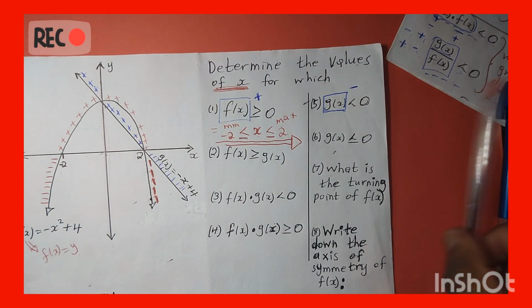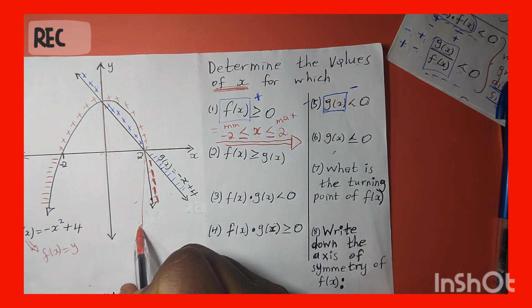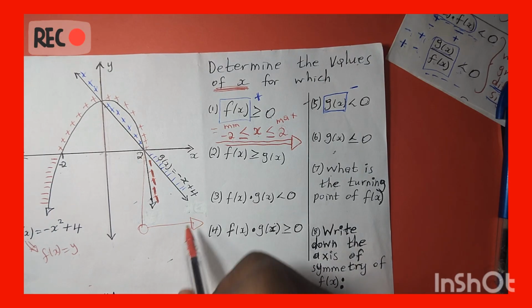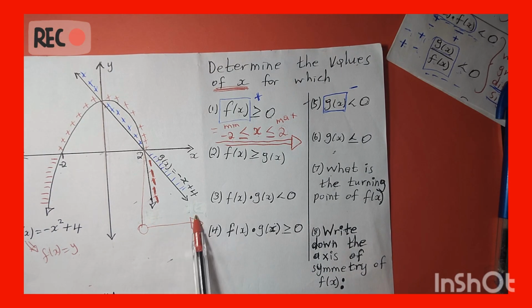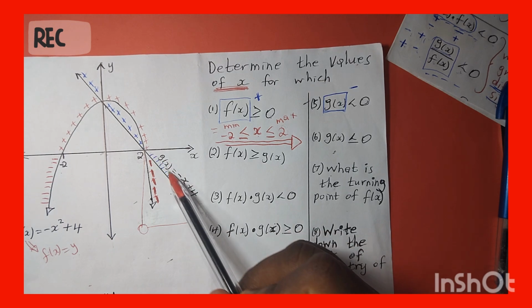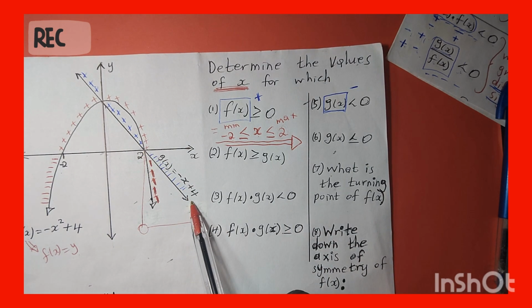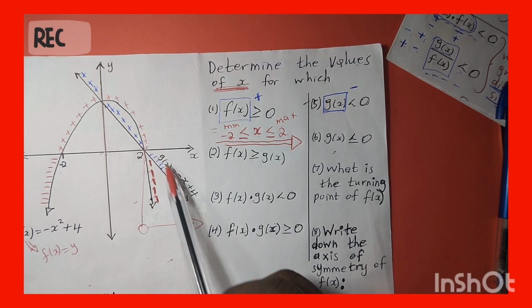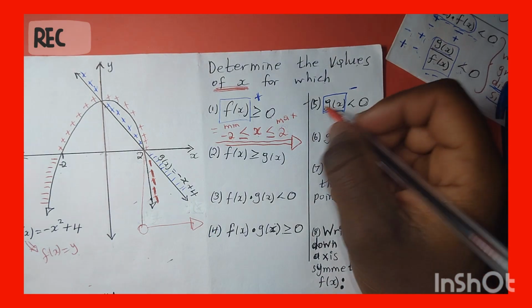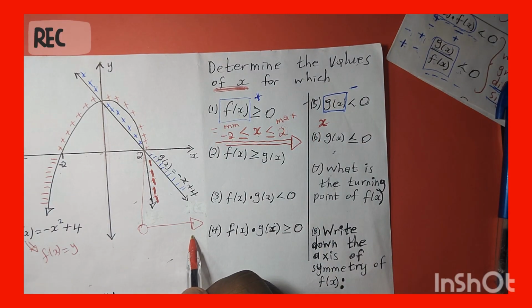So that graph, guys, is negative from where? If you check here, when you go on your right side, the graph g of x will be negative starting from 2 and going on. All that graph will become negative, negative, negative. So here I will say x, then I will go with this arrow.